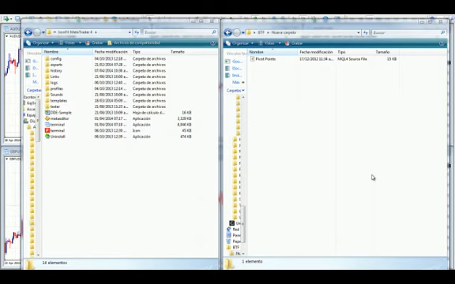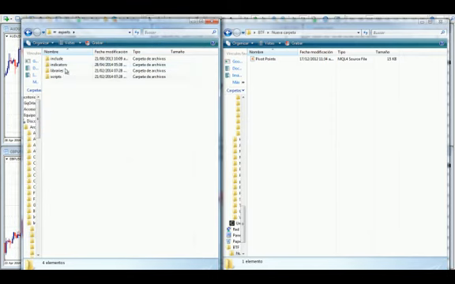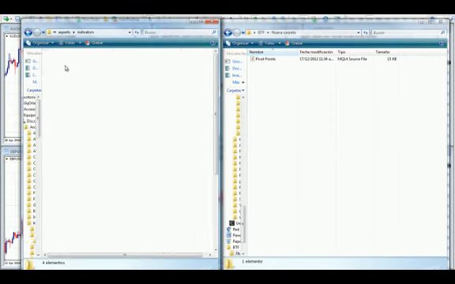Okay, we're back, and the first thing we're going to learn is how to install the pivot points. MetaTrader 4 doesn't have this indicator by default, so you have to download it from us and install it on your MetaTrader 4. To do that, you go to your MetaTrader 4 folder, then to the Experts folder and the Indicators folder.